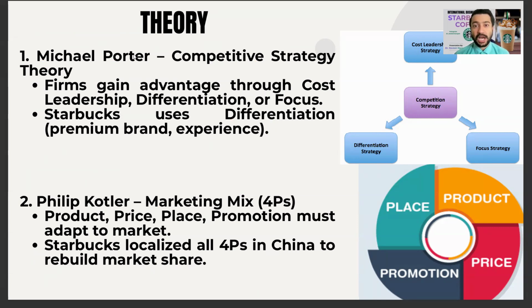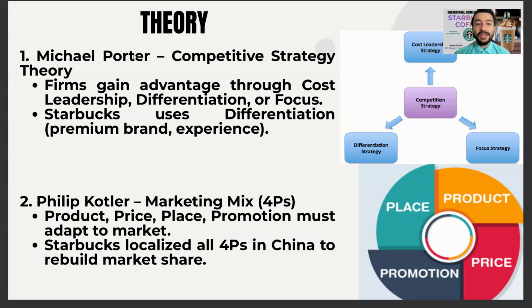You already know how firms gain advantages through cost leadership, differentiation, and focus. Under this, we are going to check how Starbucks uses differentiation, the premium brand and experience, as its method in competitive strategy, using Michael Porter's theory.